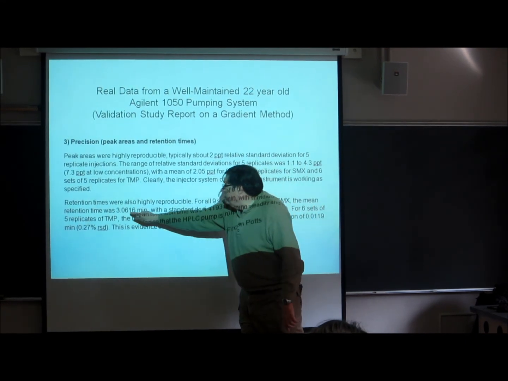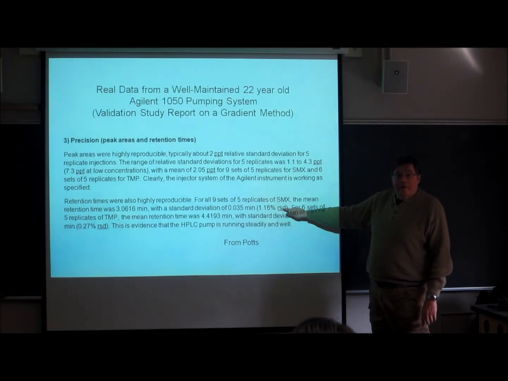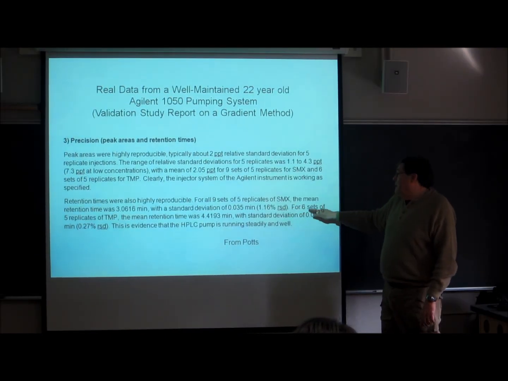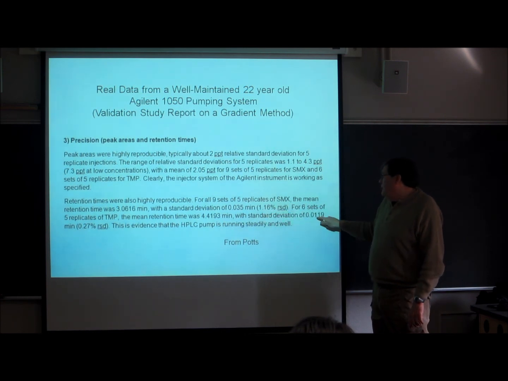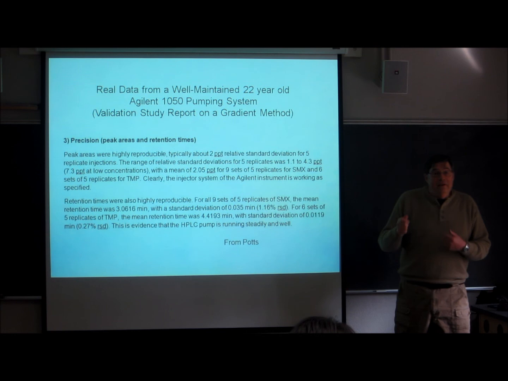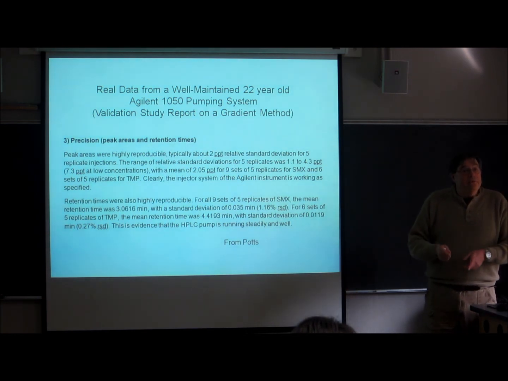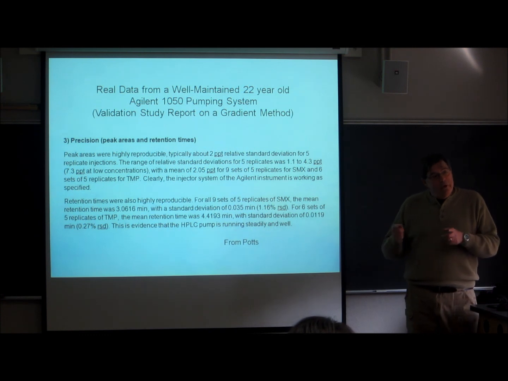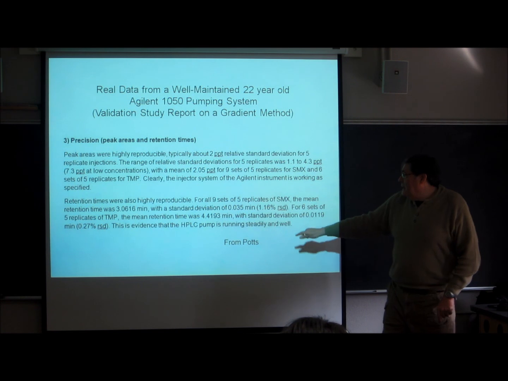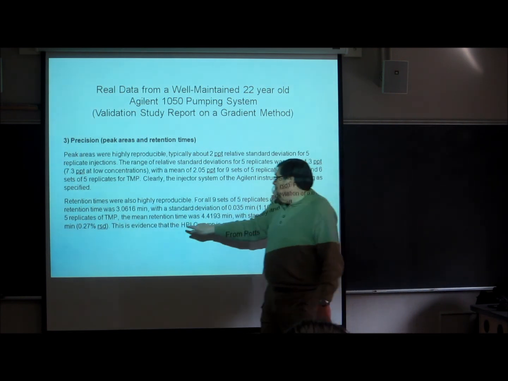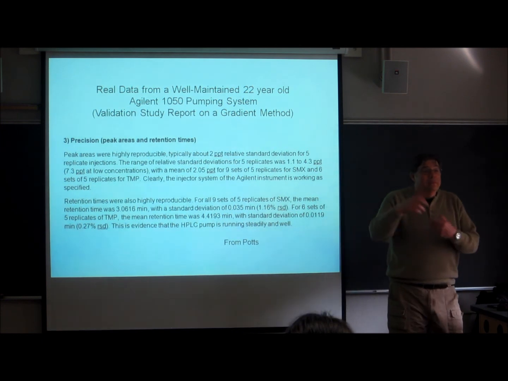So 0.035 plus or minus 1 standard deviation, 0.035% relative standard deviation. And then for 6 sets of 5 replicates, the retention time was 4.4193 minutes. Okay, so I think you can see that this is highly reproducible. The retention times are reproducible, which means that if you're working on a product, you can confidently say that the peak that comes out at this time is what it ought to be, and it's not some errant peak.